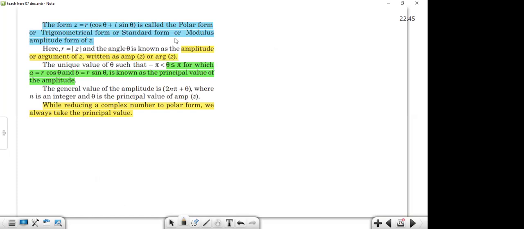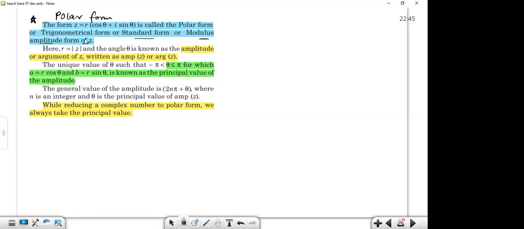There are some things to note about polar form of complex number. So the form z equals r into cos theta plus iota sine theta is called the polar form or trigonometrical form or standard form or modulus amplitude form of z.